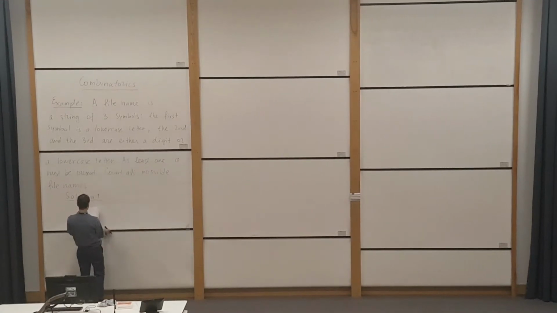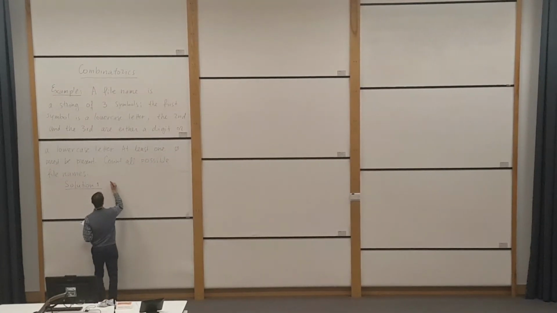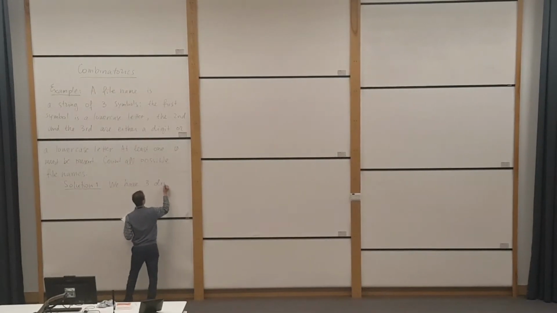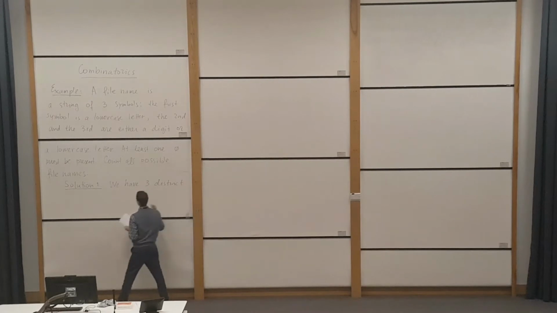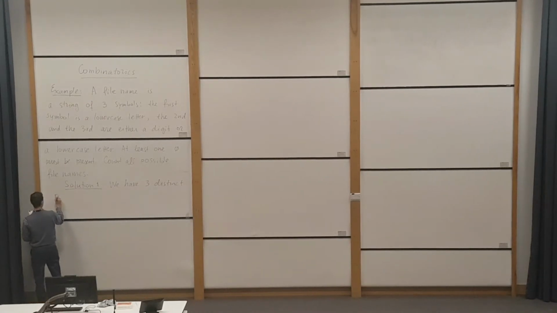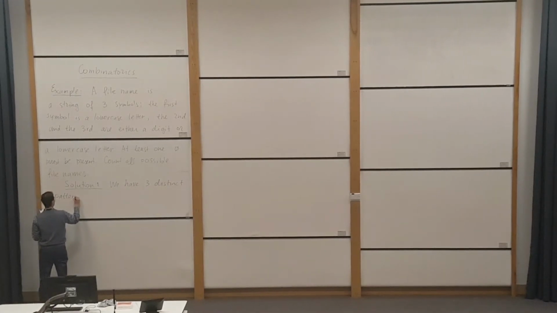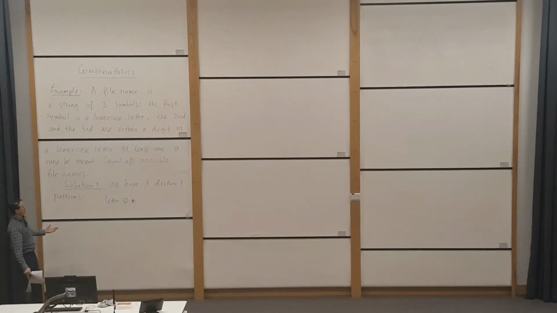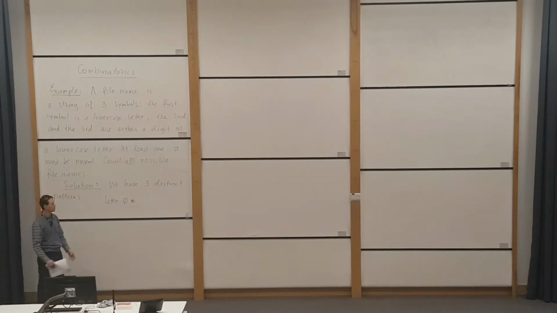So we observe that we have 3 distinct patterns. So we can have a letter in the first position, followed by a 0, and followed by something which I'll denote as a star, where star will be meaning letter or digit which is not 0.